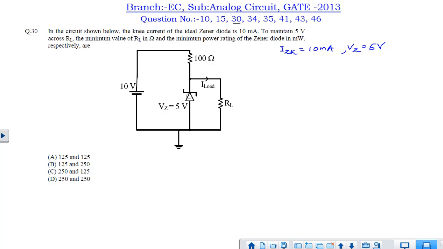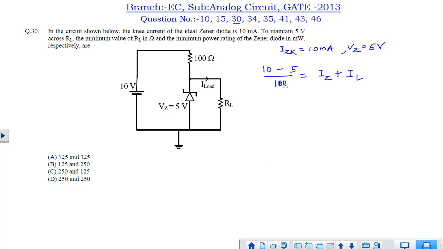So if due to some disturbance this load will be disconnected, then the maximum current can be flowing through this Zener diode. In that case, this Zener diode will be able to sustain that much current.